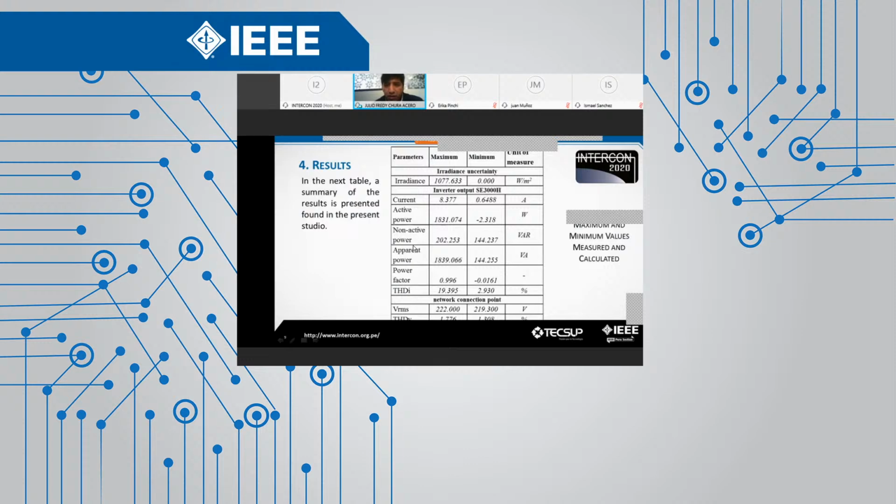The results of this paper are the parameters: irradiance, current, active power, non-active power, apparent power, power factor, THD and voltage, and THD of harmonic currents and harmonic voltage. The maximum irradiance in the altiplano, in this part of Peru, is approximately 1,000, more than 1,000, and the minimum is 0 watts per square meter.